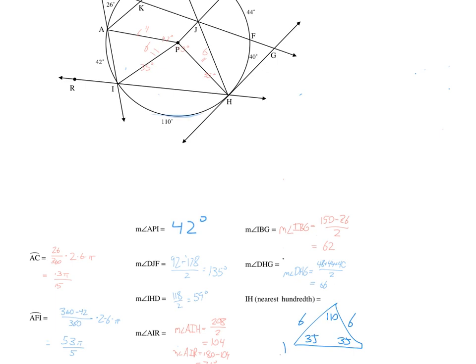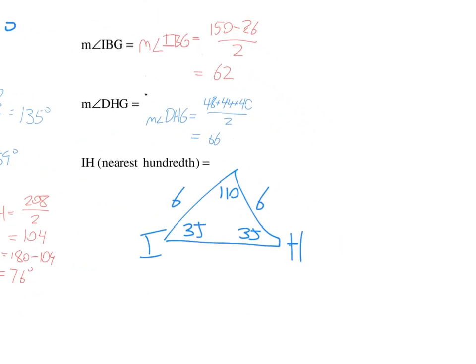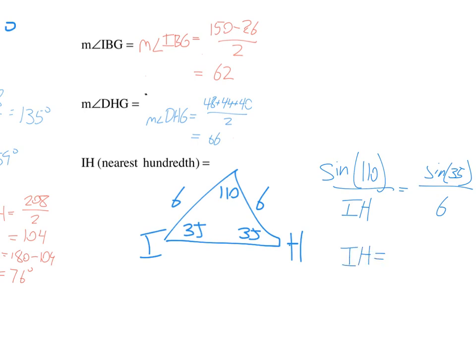So we're trying to find IH, which is its base. Using law of sines, sine of 110 over IH equals sine of 35 over 6. Solving that for IH, it is going to be 6 sine of 110 divided by sine of 35, which is approximately 9.822.